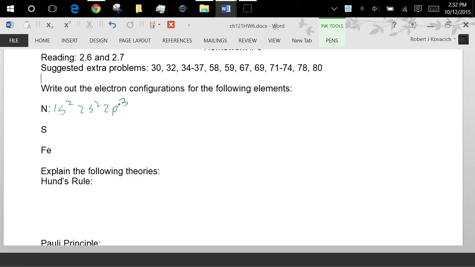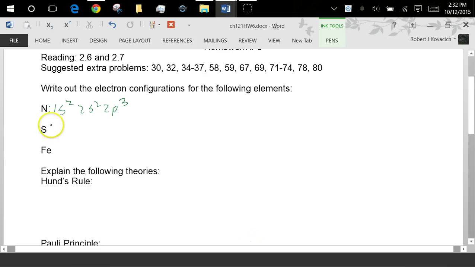Add up the superscripts, and that tells you that it's got 7 electrons, and nitrogen has 7 electrons, so that seems good. What else? 2p3, row 2, p block, third column over. That should set it. Okay.